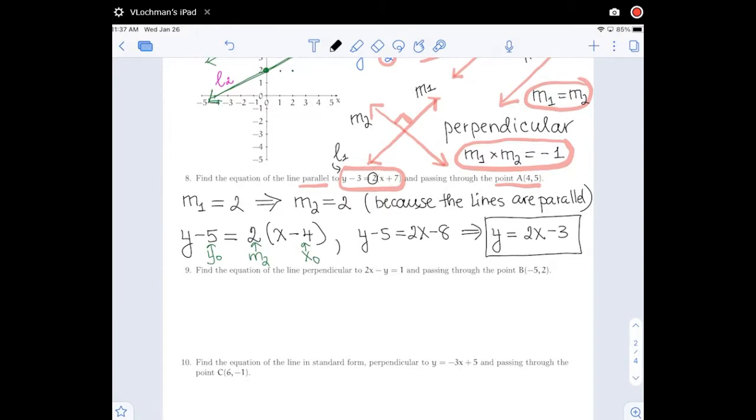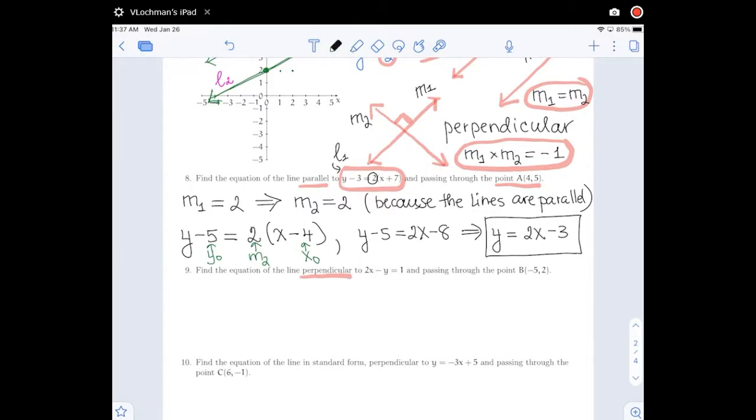It says find the equation of the line that's perpendicular. I'm going to highlight keywords here. Perpendicular to 2x minus y is equal to 1. So that's my first line. Passing through the point B with coordinates negative 5, 2. All right.